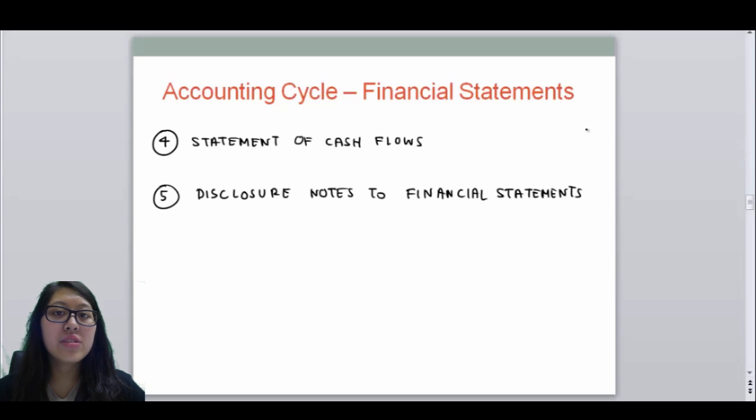It provides additional details, such as if we were talking about property, plant, and equipment, for example, it would include information such as how much equipment was bought during the year, how much was disposed, how much was depreciation, and so on, so that the final figure will be posted in the SOFP under non-current assets. More detail as to how the figure has been arrived at will be shown in disclosure notes.